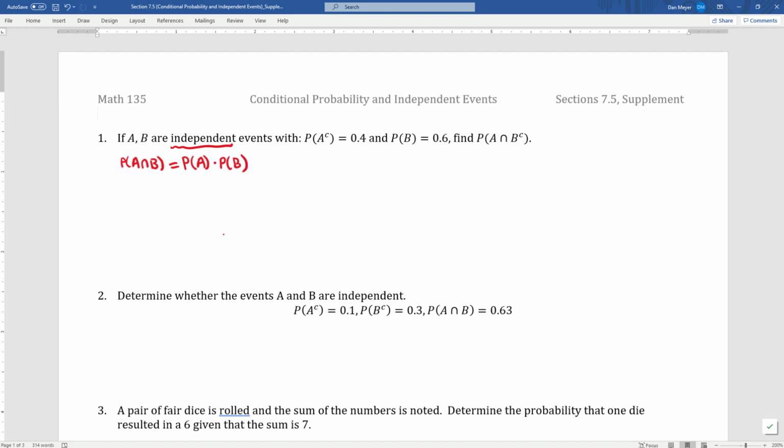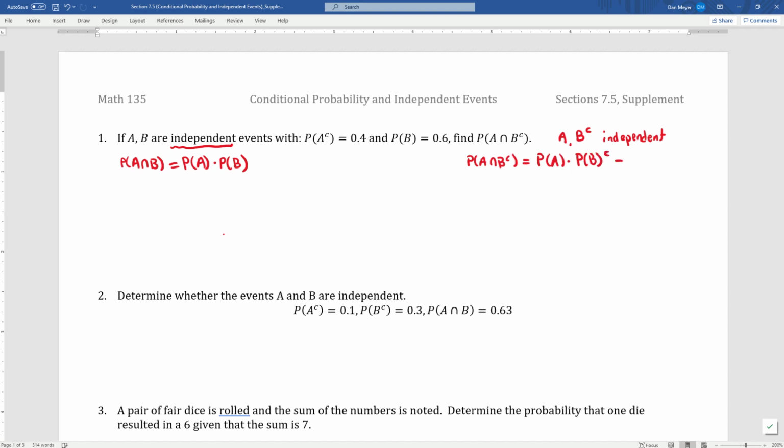If we also have that A and B complement are independent, then we can use that same fact to say that the probability of A intersect B complement is equal to the probability of A times the probability of B complement.